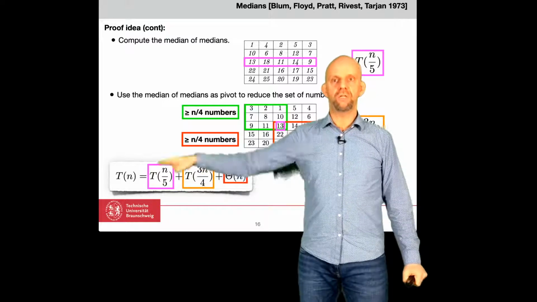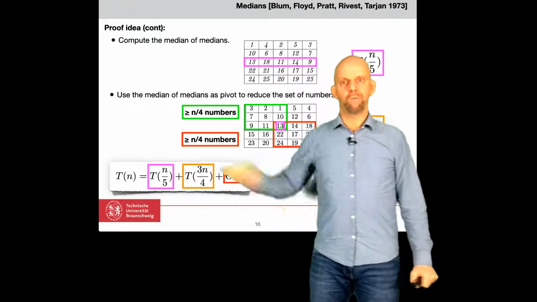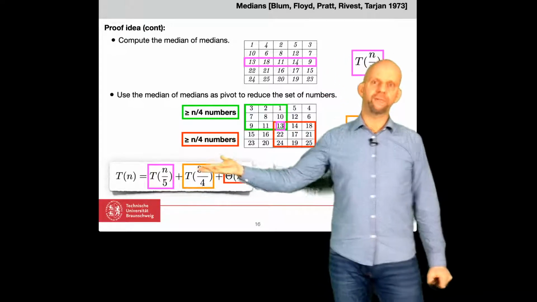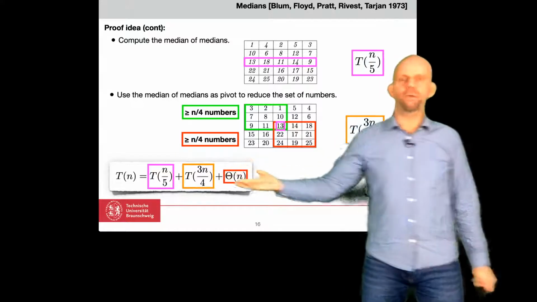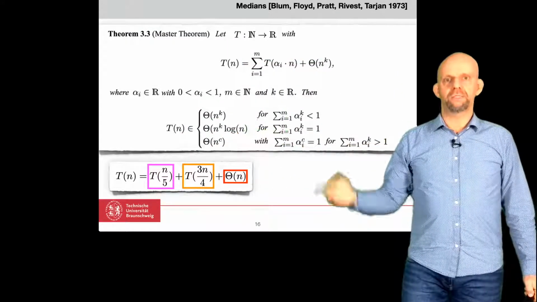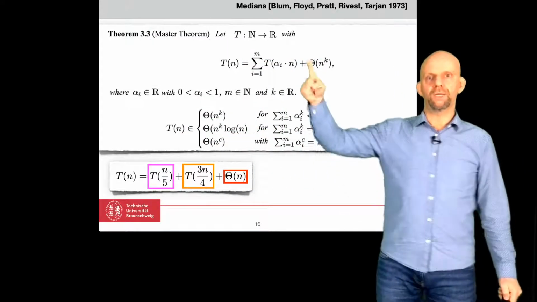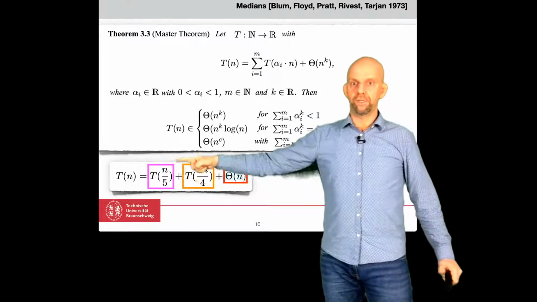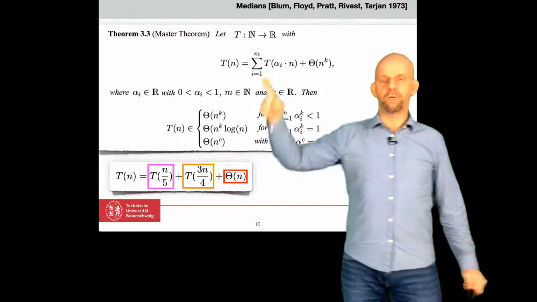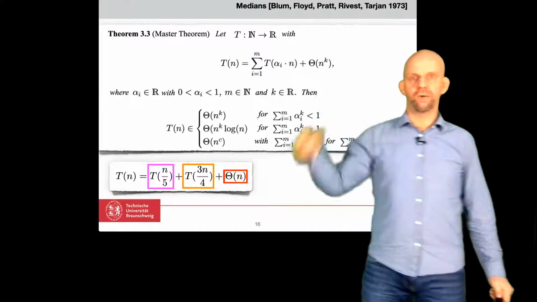Now, you look at this again, and you see, okay, what does that work out to? And remember the master theorem here. Okay, we need to look at that. There's a 1 over 5, and there's a 3/4, and the exponent, you see that's a 1 again.